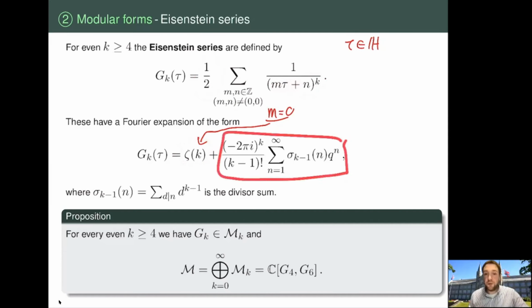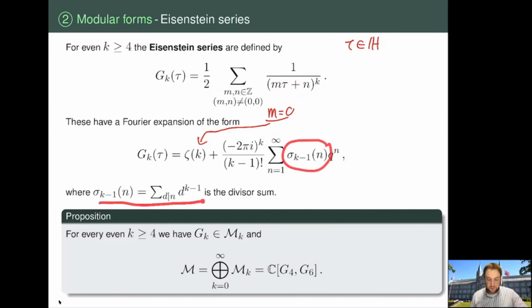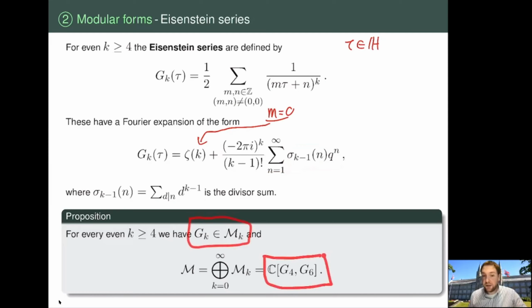The rest of the Fourier expansion is given by these divisor sums, which are sums over all divisors of the number n. But this I will also explain later in more detail. A basic fact about modular forms is that these Eisenstein series are the building blocks of all modular forms. The first statement is that they are actually modular forms of weight k. And then we actually just need G4 and G6: every modular form is a polynomial in G4 and G6.